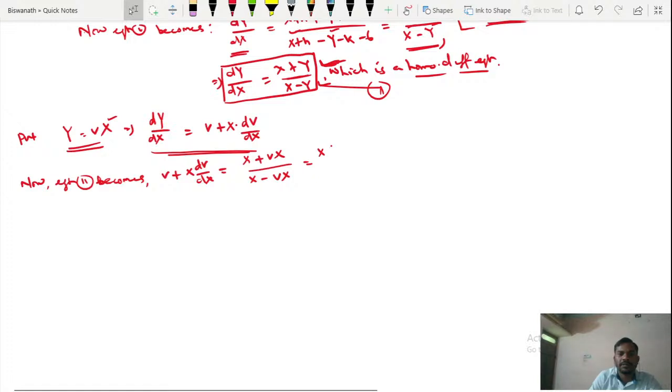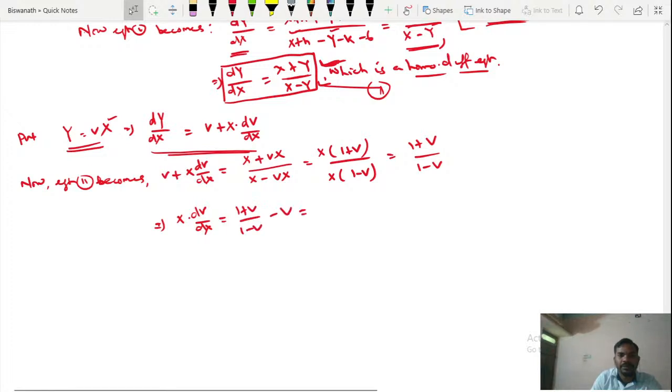Taking x common, this will be 1 plus v, and 1 minus v. So x can cancel out, and this will be 1 plus v divided by 1 minus v. So here v is there, so I can write x into dv by dx equal to 1 plus v divided by 1 minus v minus v.